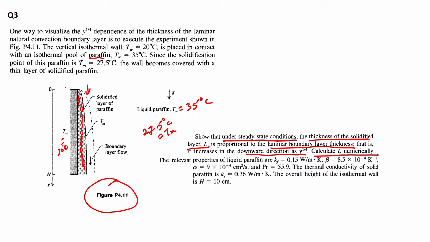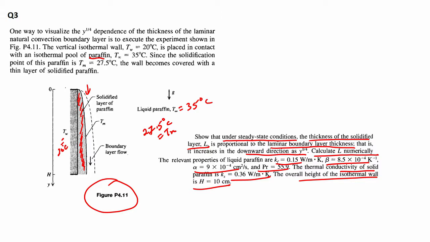Some of the relevant properties are given over here. The Prandtl number is 55.9, the thermal conductivity of paraffin is as given, and the overall height of the isothermal wall is h equal to 10 centimeter. So, this total height is about 10 centimeter.